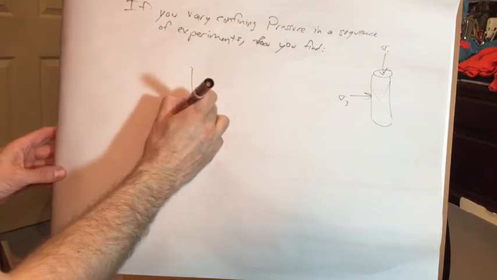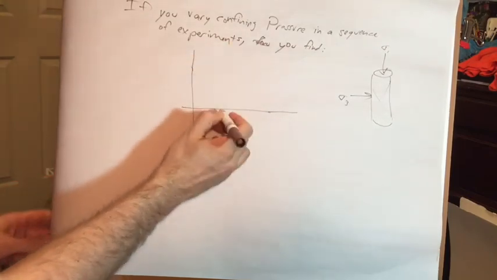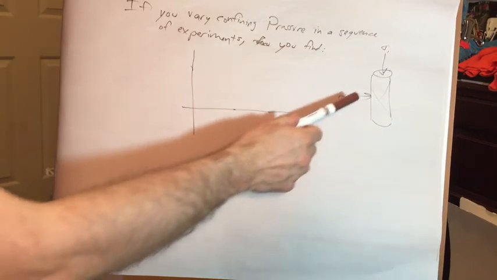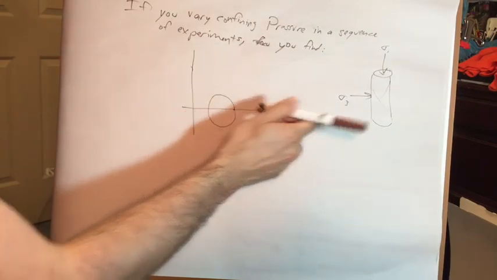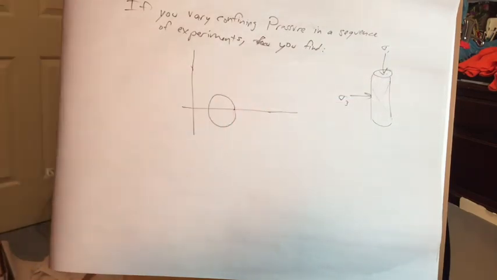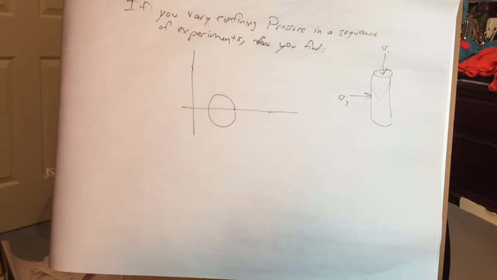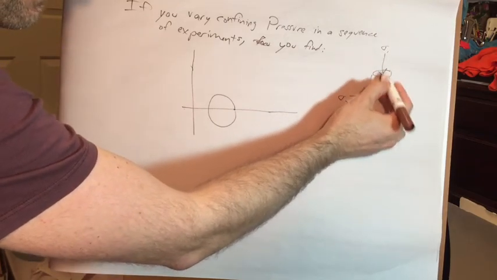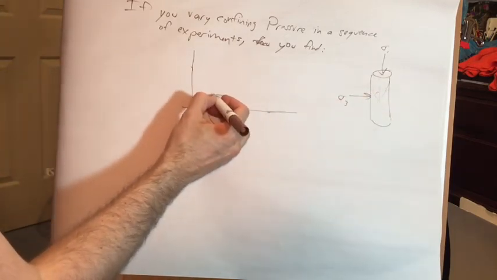We can plot that on the Moore diagram. So let's do one experiment. We start out with sigma 1 and 3 equal, then we decrease sigma 3, and it breaks at a certain point. And we can plot what that Moore circle looks like at the moment that the fracture occurred. We can even measure the angle relative to sigma 1 that the fracture occurred at and mark it on there.